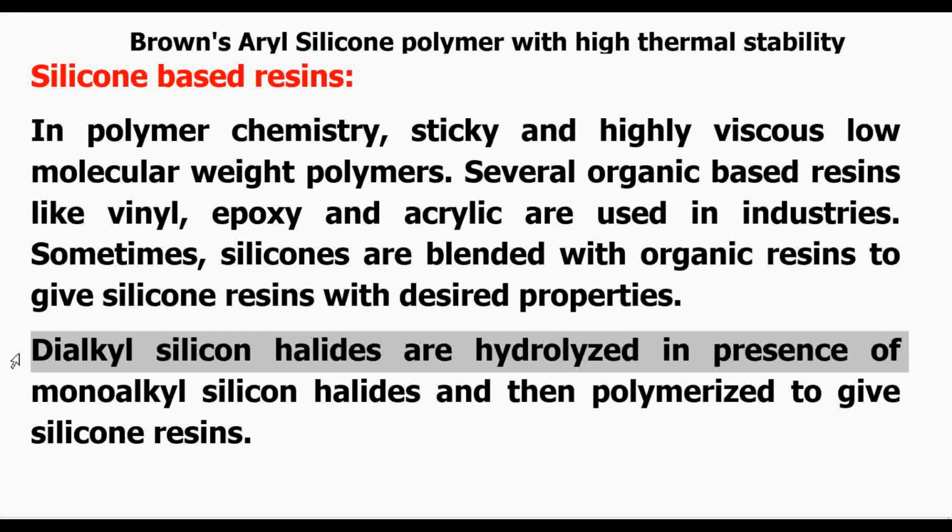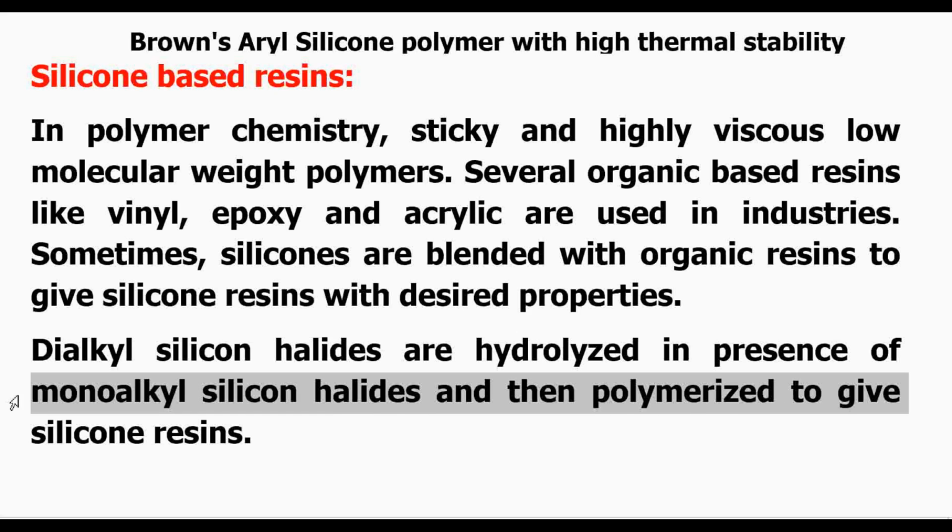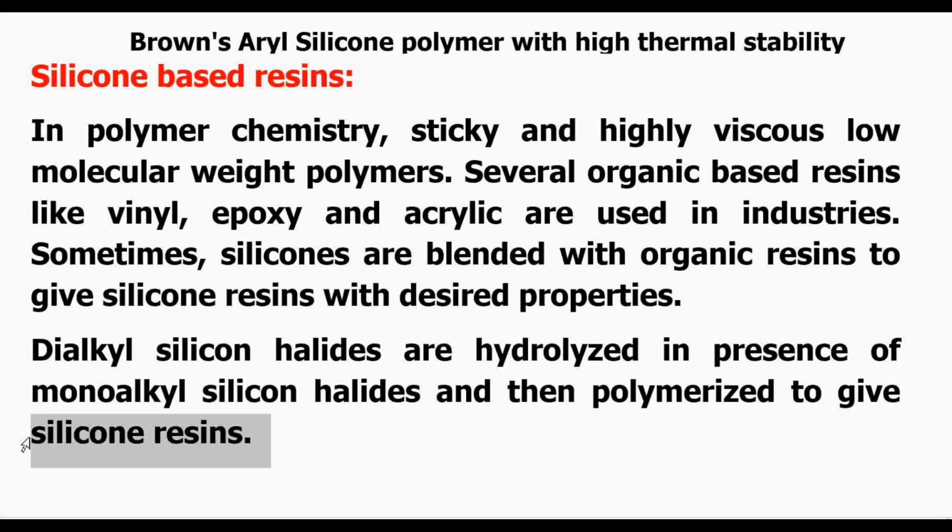You have to take dialkyl silicon halides and hydrolyze them in presence of monoalkyl silicon halides and then polymerize to give the silicone resins. Polymerize means you simply perform the hydrolysis or condensation reaction, and then polymerize it.